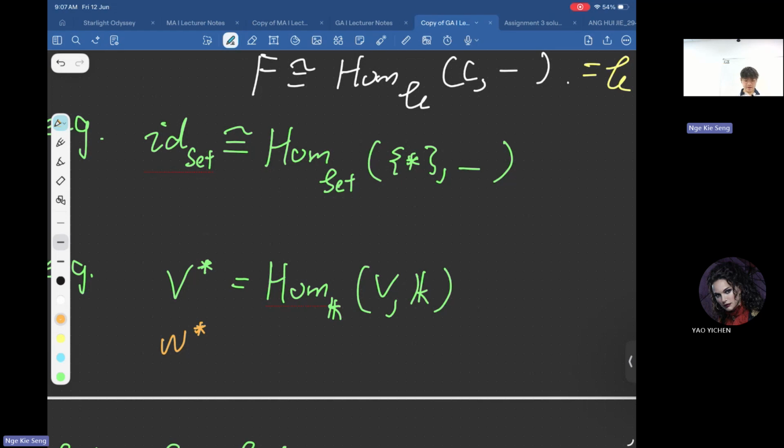Then this becomes the object that represents your functor.